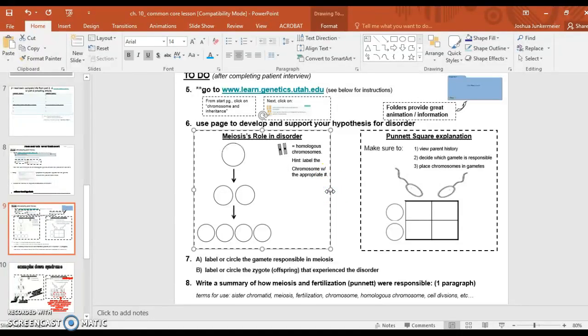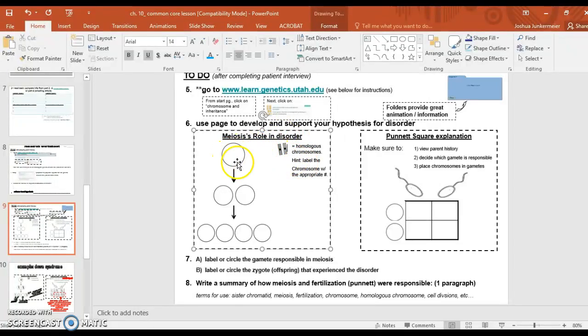So you're trying to show meiosis, right? In a series of divisions working with chromosomes, I show you how to draw the chromosomes here. You want to label, if your patient had Down syndrome, which they don't, but if they did, you would label this homologous chromosome pair right here, number 21.